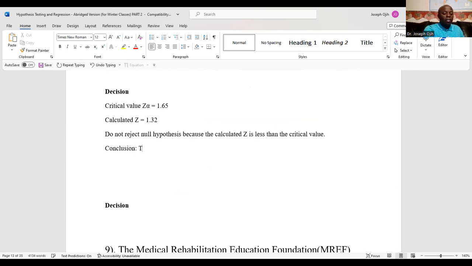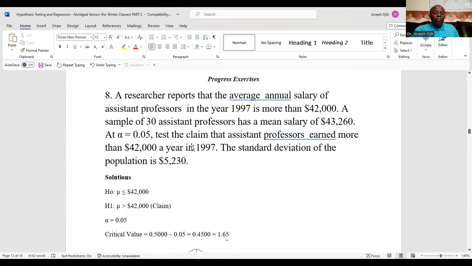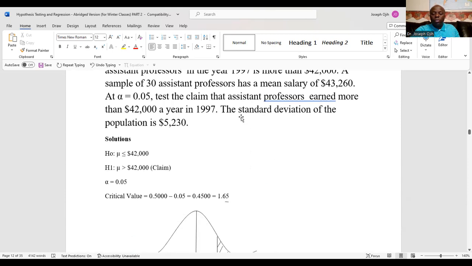So our conclusion now becomes: there is insufficient evidence to support the claim. And what is the claim? The claim was that the average salary of assistant professors in 1997 is more than 42,000.